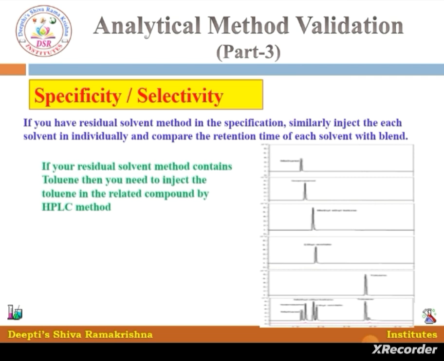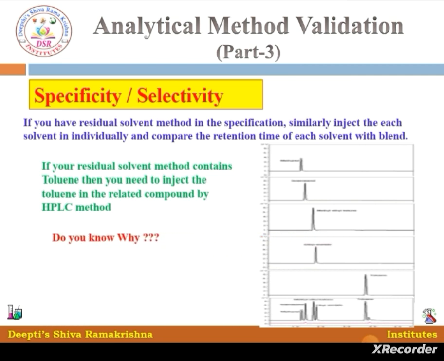If your residual solvents method contains toluene, then you need to inject the toluene sample in related substances by HPLC, assay by HPLC, or salicylic acid content by HPLC. In any of the test parameters performed by the HPLC technique, the toluene should be analyzed in that particular method of analysis.